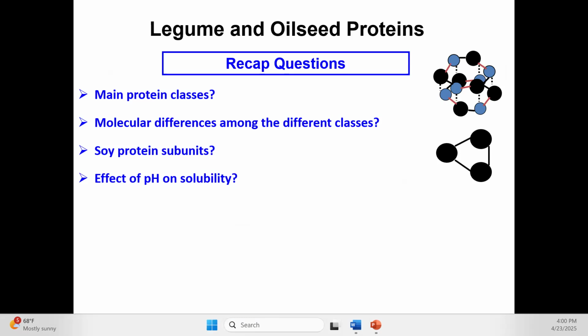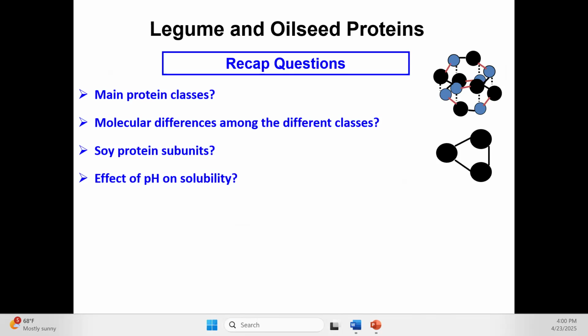What are the molecular differences here? The legumin is 11S and the vicilin is 7S. Basically, the legumin is the larger molecule made up of hexamers, and the vicilin is a trimer.